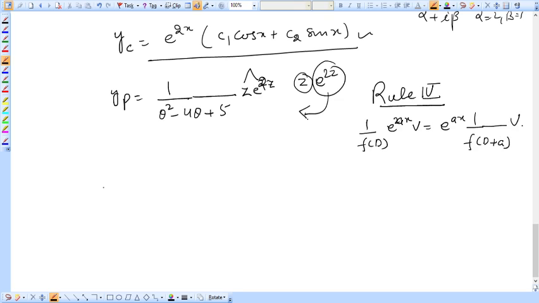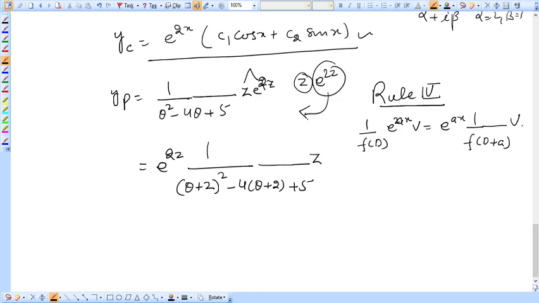So you can take e to the 2z out and replace theta by theta plus 2: (theta plus 2) whole square minus 4 times (theta plus 2) plus 5, and z here only. Now e to the 2z, 1 over theta square plus 4 theta plus 4, right, minus 4 theta minus 8 plus 5.